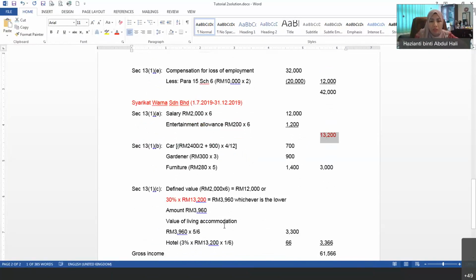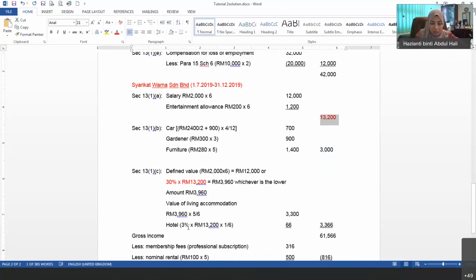Value of living accommodation 3,960 times 5 over 6. And hotel, 3% times section 13(1)A, and he stayed in the hotel for only 1 month. You might get confused with this section 13(1)C, because for 13(1)C we only have the 6 months figure.